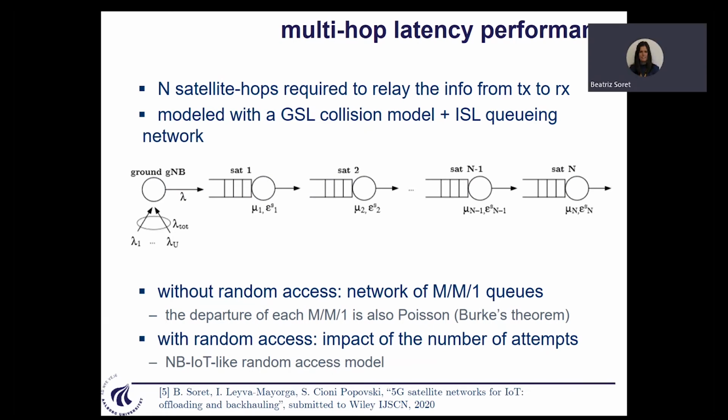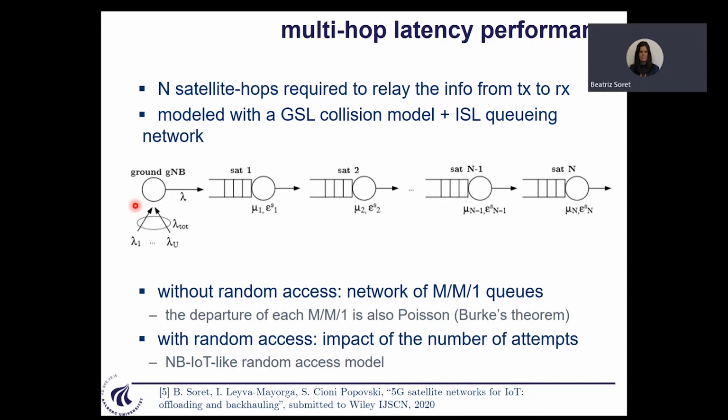Then I wanted to talk a little bit about the end-to-end performance, where we want to see the latency performance from ground to the final destination. And we model this with a queuing network, where first of all we have a GSL collision model, because here we assume that we have random access, a big number of devices competing for the channel.